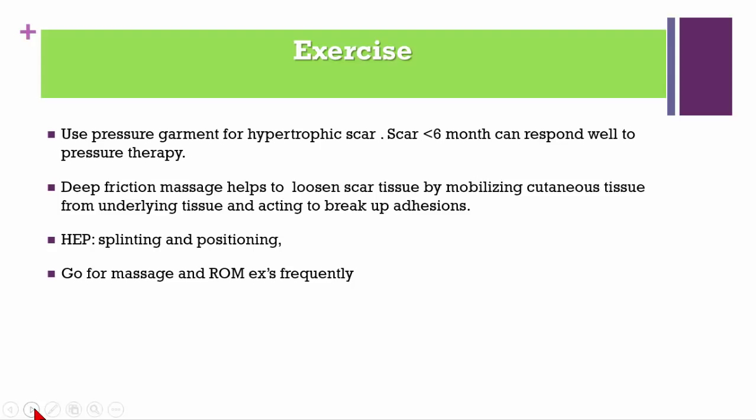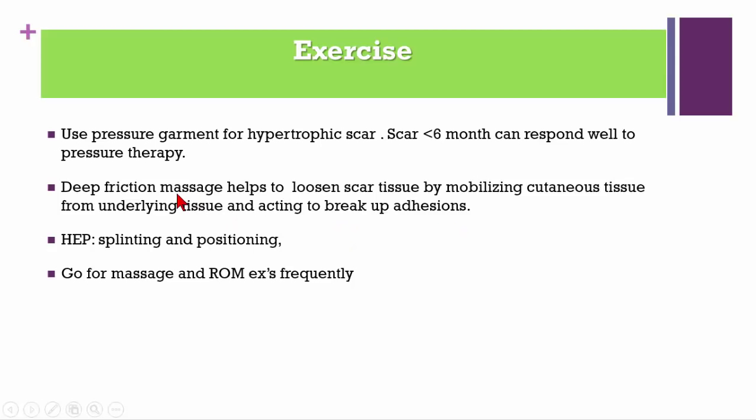Use a pressure garment for hypertrophic scar. If the scar is less than 6 months old, it can respond well to pressure therapy. Pressure therapy also responds if the scar is greater than 1 year, but it will take a lot more time. Deep friction massage helps to loosen the scar tissue by mobilizing the cutaneous tissue from underlying tissue and acting to break up the adhesion.